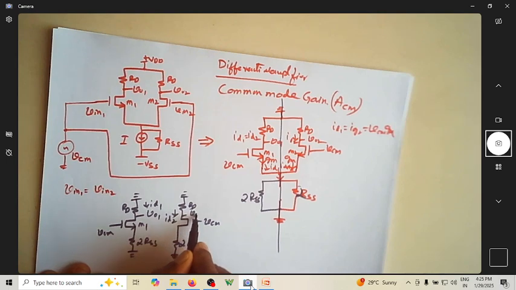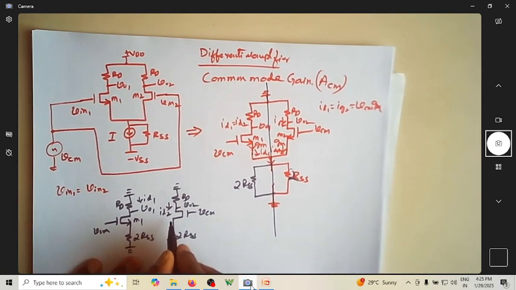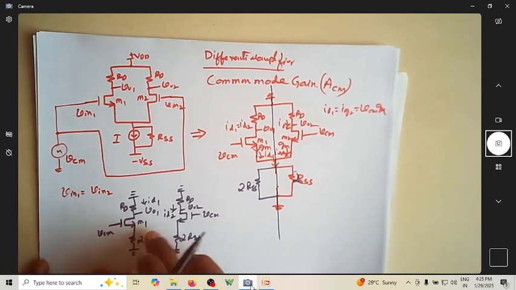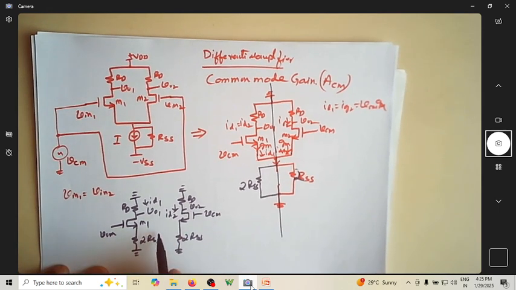This is V02. Now if you carefully look at this, this is also an NMOS transistor, this is also NMOS. You have 2RSS connected at the source, and 2RSS connected at the source. So are these two identical?